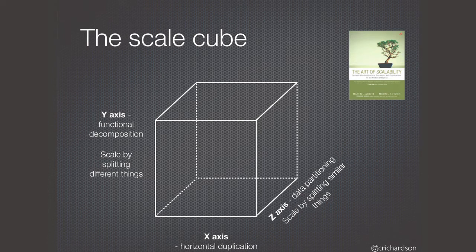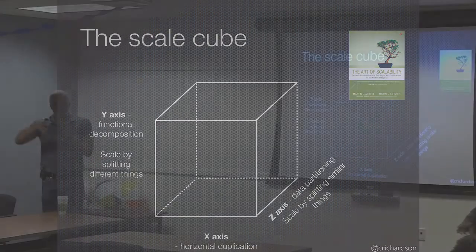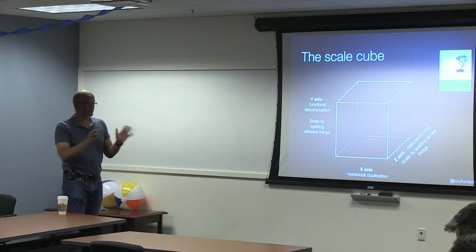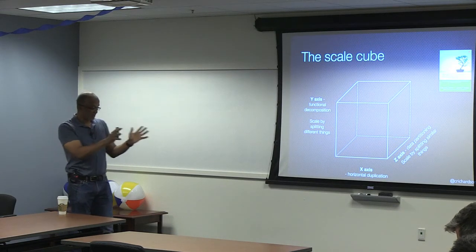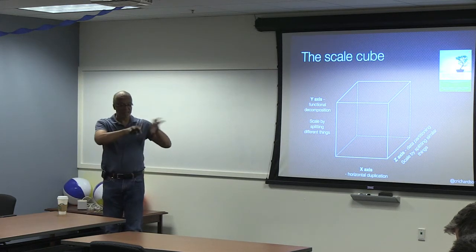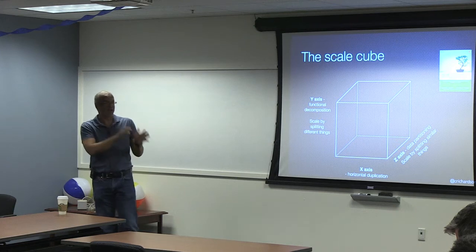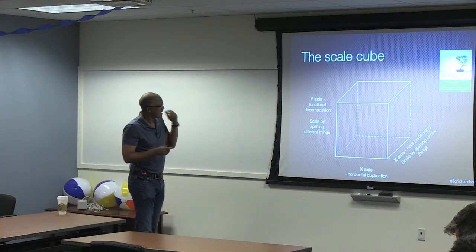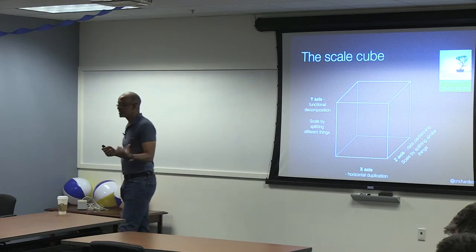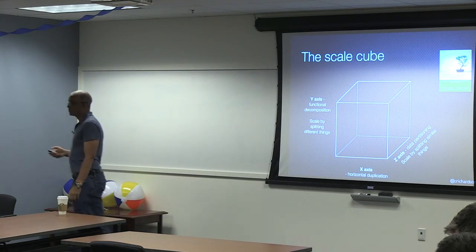The idea here is that rather than running identical copies of your code, you break up your application by function. So you end up with many individual smaller apps. The size of them can vary, but that to me is the essence of microservices. It's y-axis scaling or functional decomposition.